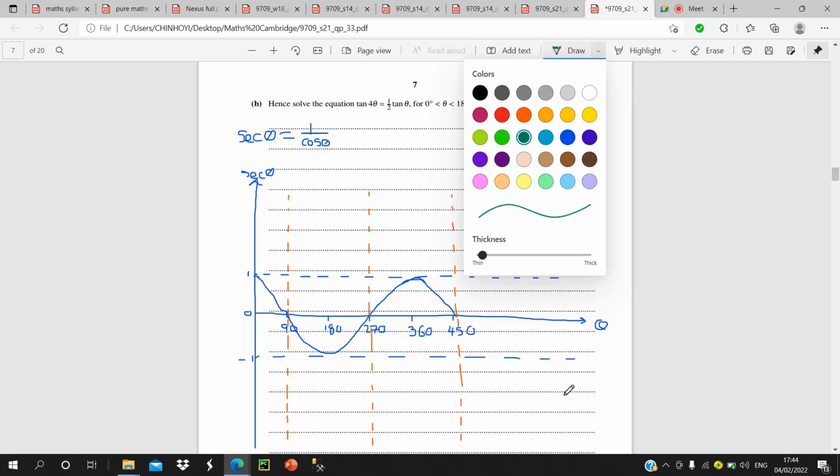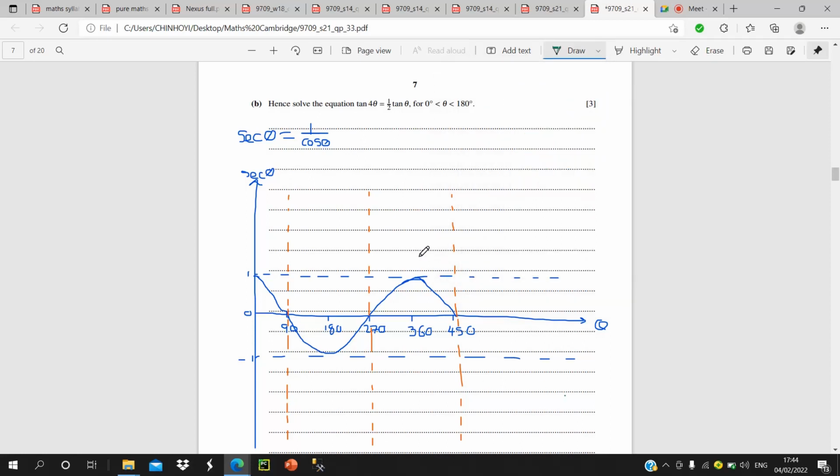Let's start with this region. In this region from 270 to 450, our graph of cos is taking a maximum, right? Then the graph of sec will oppose that maximum. So it will be reflected at 1. So it will be something like this here.